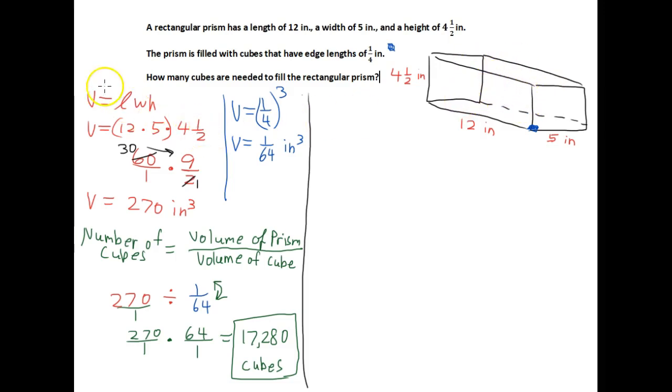Here's another way to look at it. And you can do it either way. Let's say, well, we know that this is 1/4 of an inch. So how many of those 1/4 of an inch would fit into the 5 inches? Well, you've got 4 inches, or I'm sorry, 4 little cubes per inch, right?